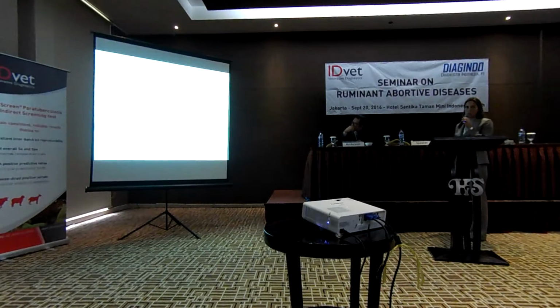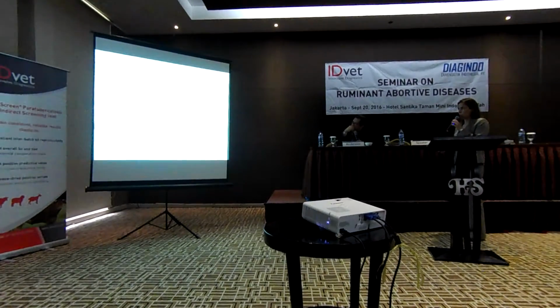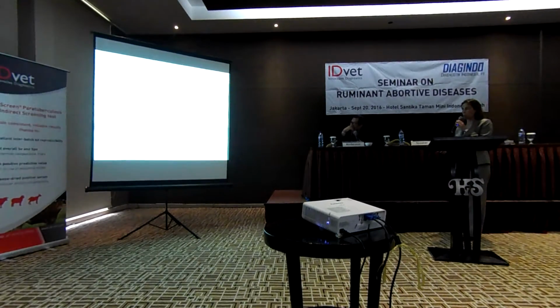The tricky thing is if you get 1 out of 3, you know that it's circulating in the flock, but you don't know for sure if it's causing the abortion. So at this stage, you can either do PCR or you can do serology titers. And for me, I would probably do the titers.